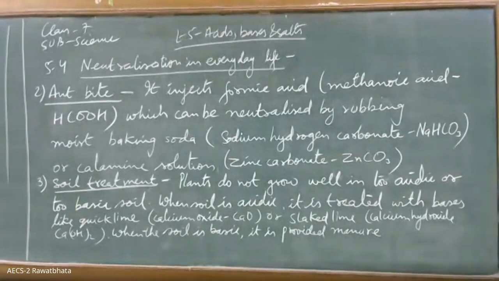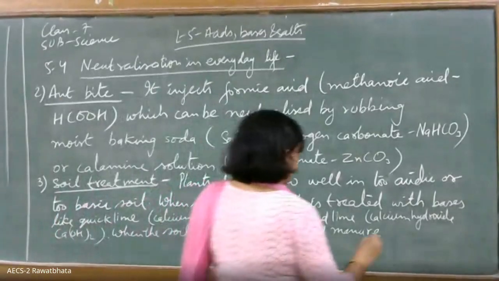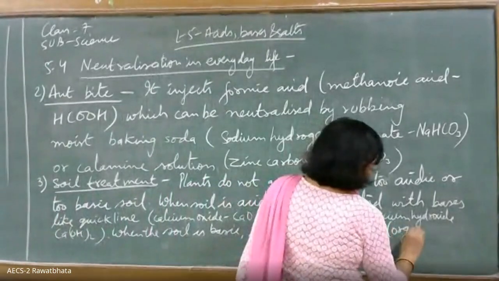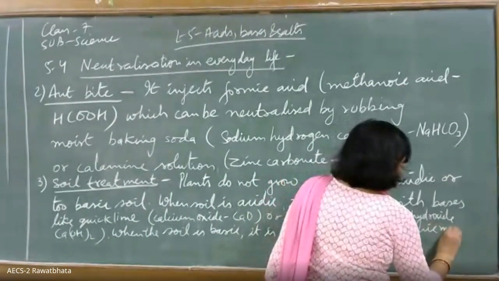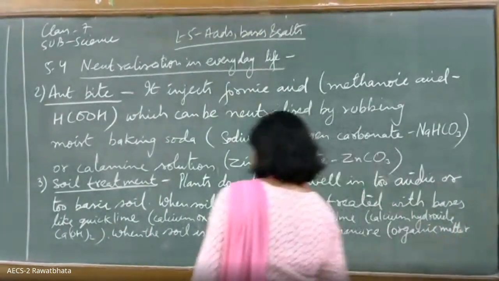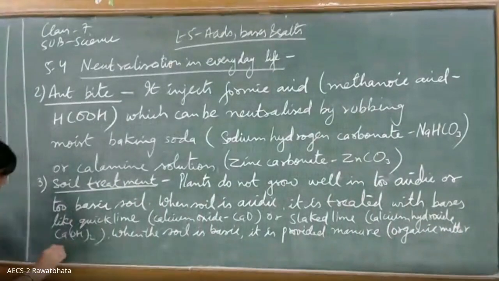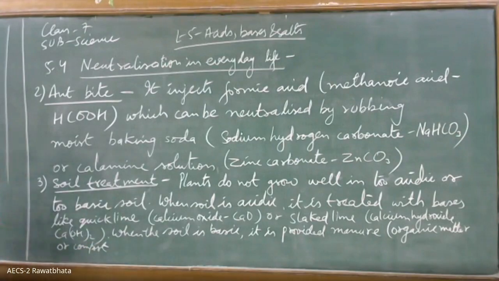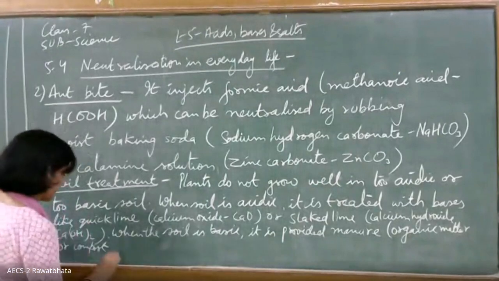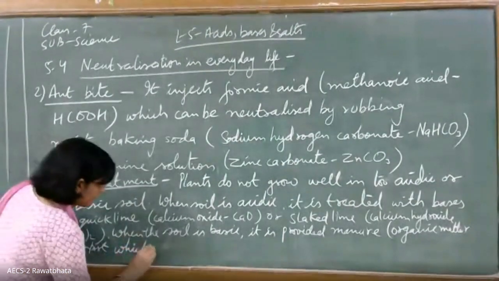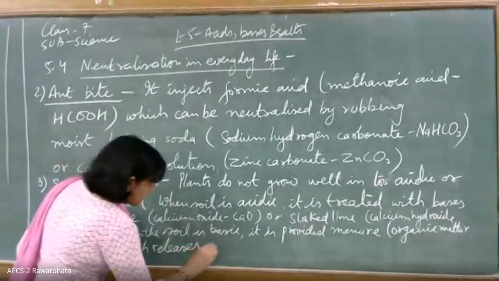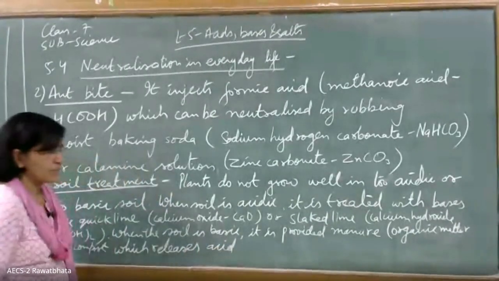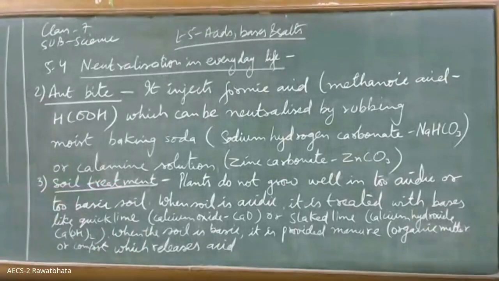It's known as organic matter or compost, which releases acid. Manure actually releases acid.